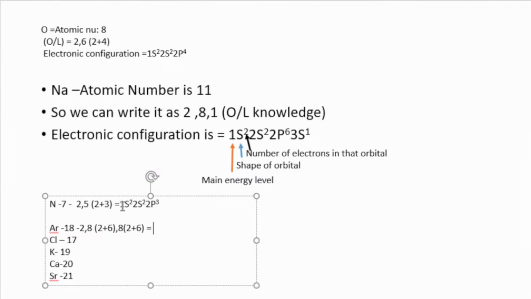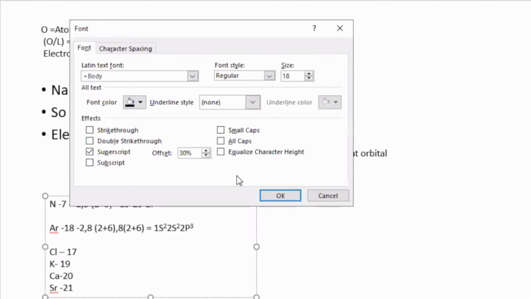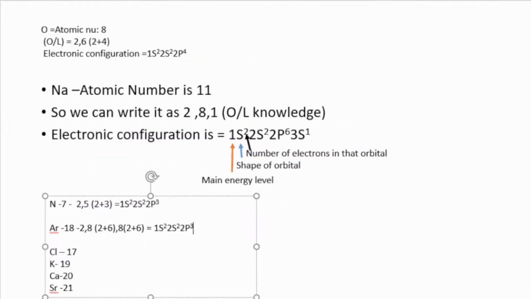So we can write it as 2p3, then 3s2, 3p6.